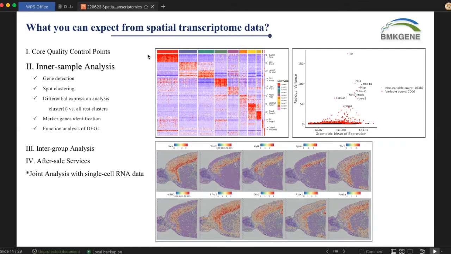The red block here means these genes are specifically highly expressed in cluster 1, and the others are expressed differently in different clusters. From here, we can also identify the marker genes of each cluster. Normally, we regard the top 10 highly expressed genes in each cluster as the marker genes of that cluster. We can also see the expression intensity of each single gene on the slides.